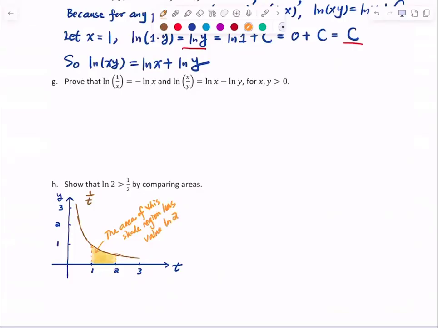So that's based on its definition, right? ln of 2.